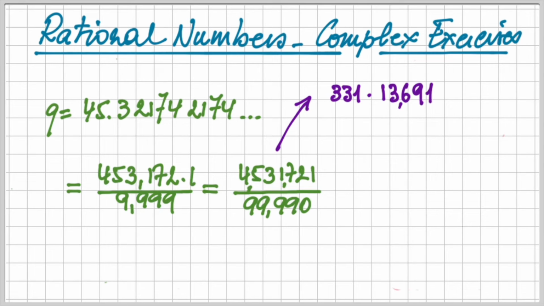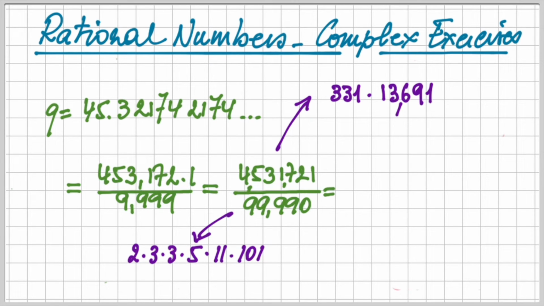Again, we can write these as products of prime numbers, so the numerator can be written as 331 times 13,691. The denominator can be written as 2 times 3 times 3 times 5 times 11 times 101.